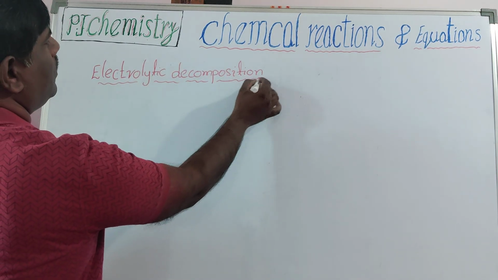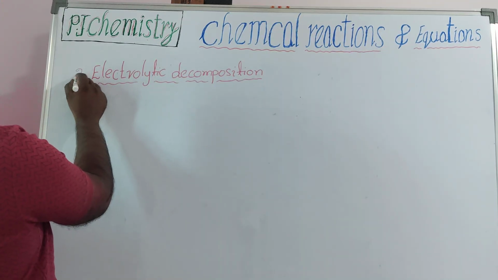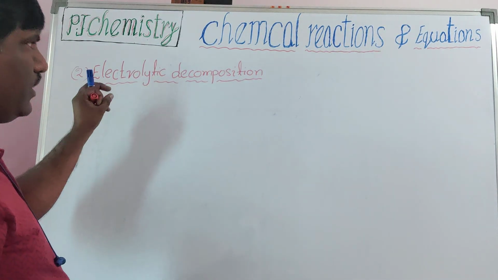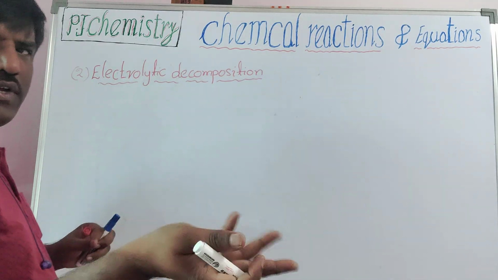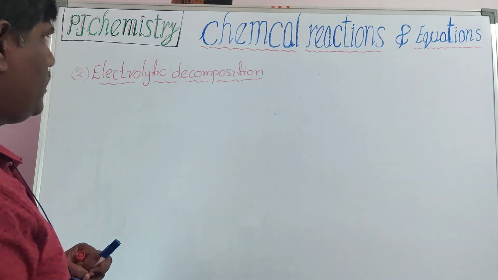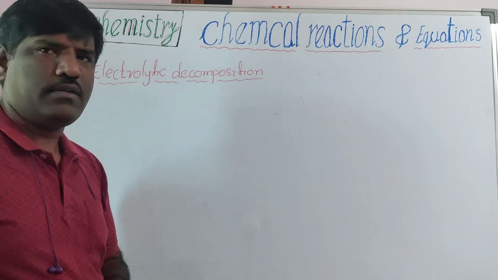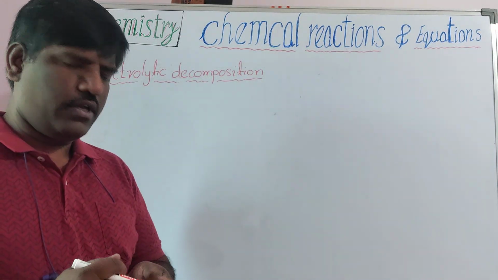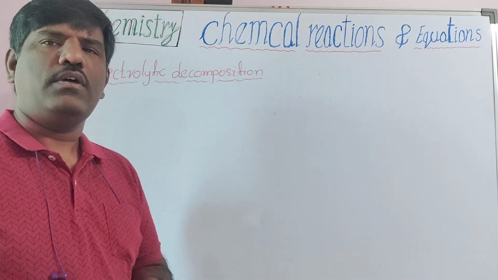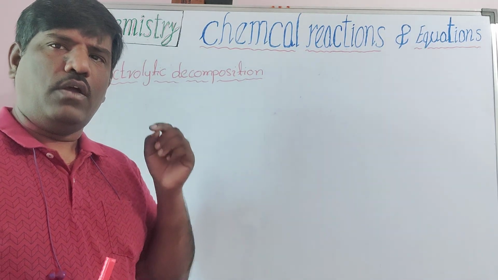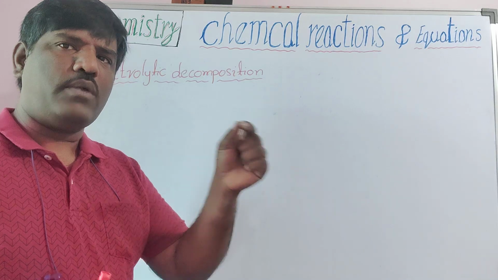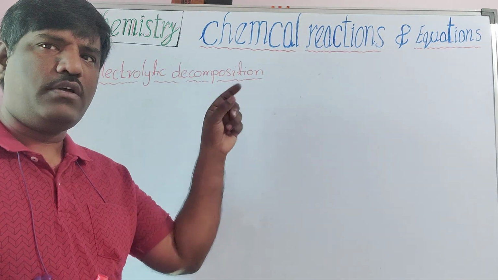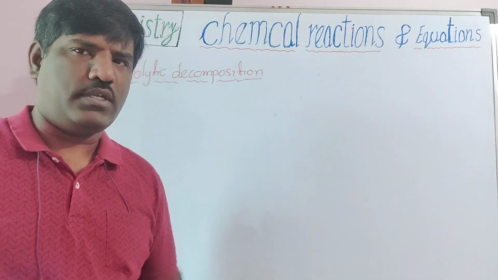Decomposition reactions, based on energy, are classified into three types: thermal decomposition, electrolytic decomposition, and photolytic decomposition. The definition of electrolytic decomposition I already explained in the previous video. A single substance is split into two or more products by passing current through it.